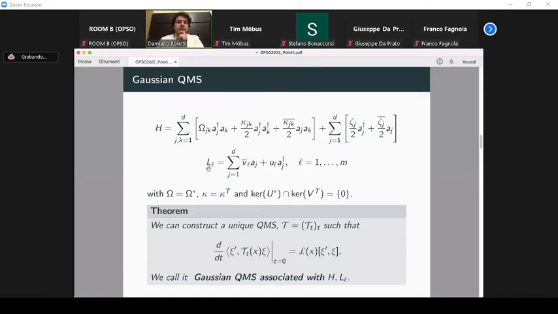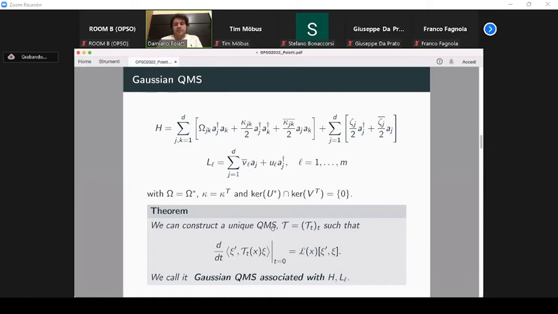And the L_l are linear polynomials in a_j and a_j daggers, and these are their expressions. The condition we make on their coefficients is such that the set of Kraus operators is linearly independent. You know what that means.